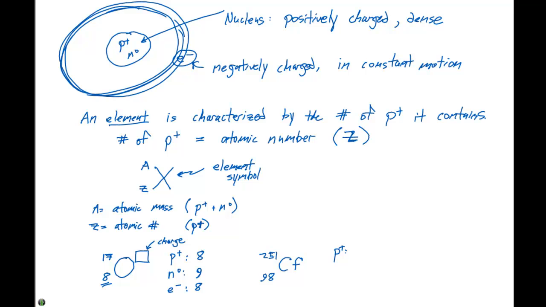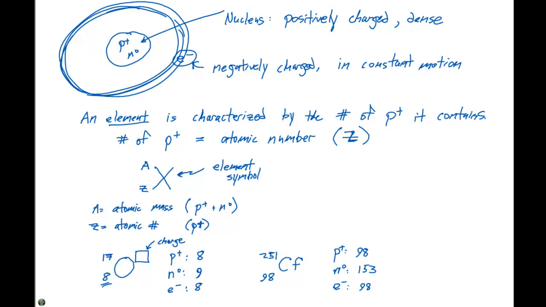That's going to be the atomic number. We have 98 protons here. The number of neutrons is going to equal 251 minus 98, which would be 153. And the number of electrons is going to be equal to the number of protons in this case, because we have a neutral species here. So we're going to have 98 electrons as well.